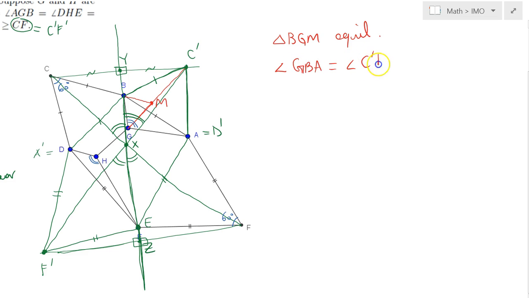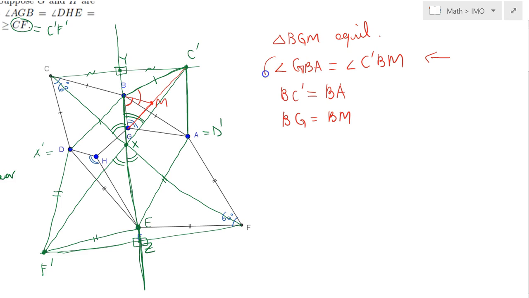This is obvious because this whole angle here, C prime BA, is 60 degrees, but this angle also is 60 degrees. As a result, removing that little angle MBA from both of these angles, we will have this desired result. Secondly, BC prime is simply equal to BA, and finally by construction BG is equal to BM.